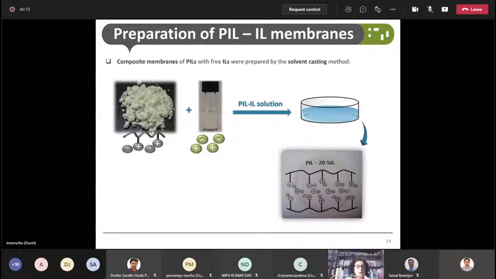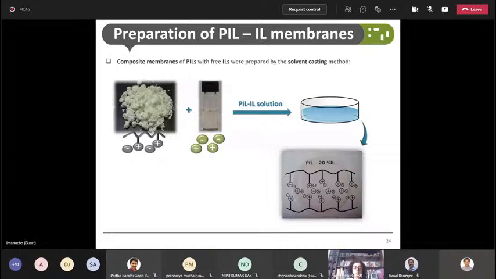Having the commercial polymers has one big advantage, that is, we have a fixed molecular weight. We can buy with whichever molecular weight we want. And to prepare robust membranes, it is very important that the molecular weight of the polymeric ionic liquid is high. The polymeric ionic liquid that we use here is around 200,000.